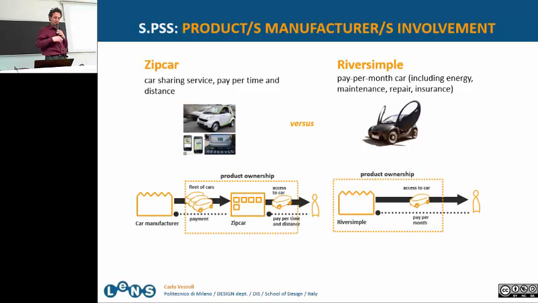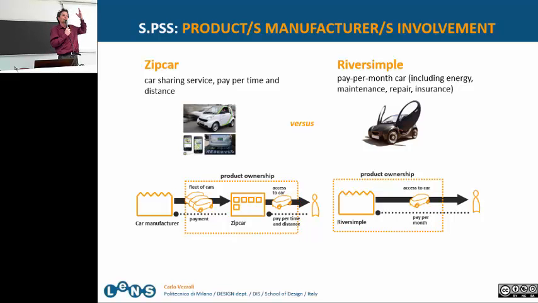I have to show another thing. In the case of Zipcar, they are buying cars from a car manufacturer, okay? And then they are offering this car, retaining the ownership of the car, making the car sharing to be paid per time, or sometimes both per time and per kilometer, something like this.